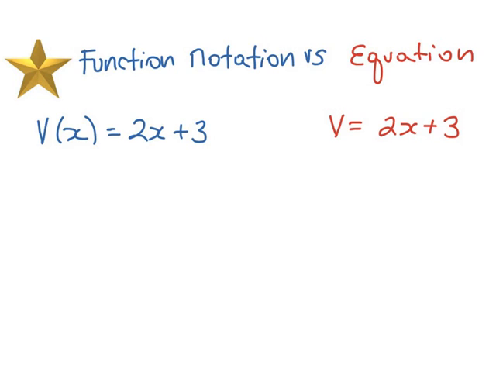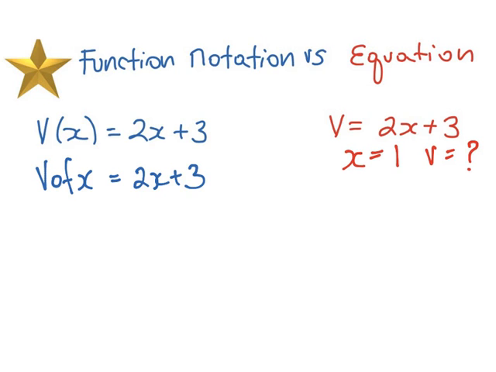It means the following. v of x is equal to 2x plus 3. I want to show you how to use this in calculations. Suppose we have x is equal to 1. We would then solve for v. What would be the value of v? So 2 times 1 plus 3 will give the value of 5.